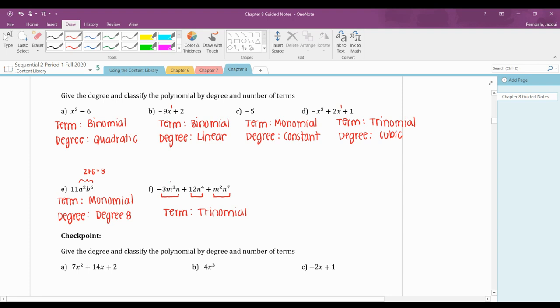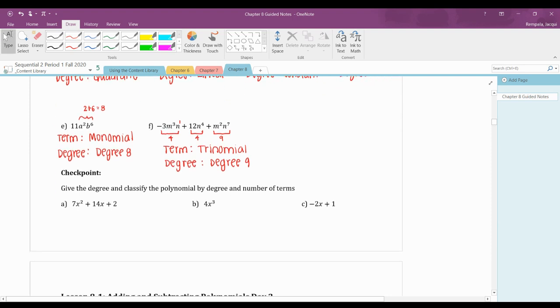If I look at the first one, I see that there's a 3 and there's a 1. So I'm going to add those together. That's 4. In the second one, I see one variable that has an exponent of a 4. If I look at the exponents of the last term, I'm going to add them together. 2 plus 7 is 9. So between those three, 4, 4, and 9, 9's the biggest. So this would be degree 9.